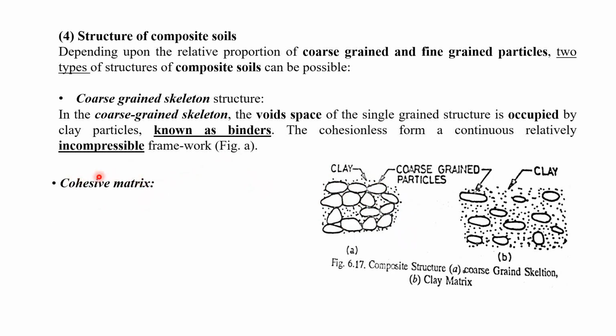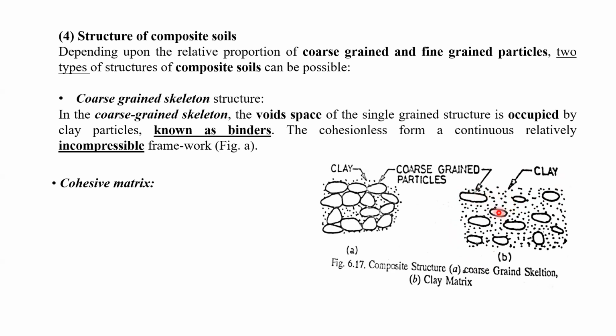Whereas in the case of cohesive matrix, both coarse grain and fine grain are mixed together here also. But the amount of cohesive soil or clay soil is more compared to the coarse grain soil. So what is going to happen?